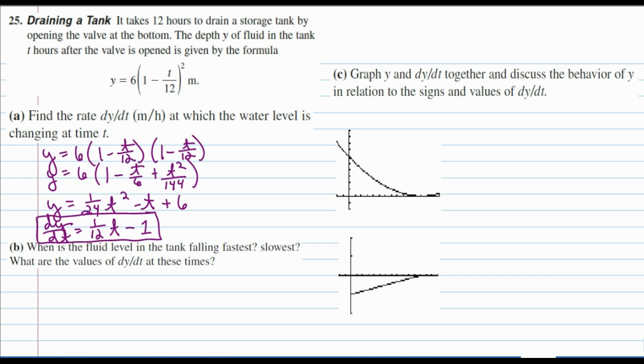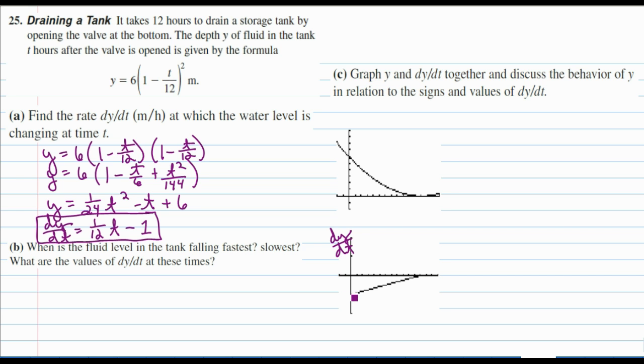Part B. When is the fluid level in the tank falling fastest, slowest, and what are the values of dy/dt at these times? So over here to the right, I've graphed dy/dt, which is a line whose y-intercept is -1 and has a slope of 1/12. The fluid is falling the fastest here at time t equals 0.